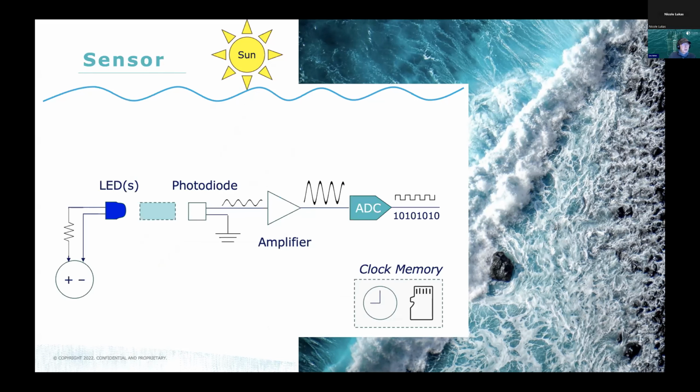From an electrical point of view, this is an oversimplification, but you can imagine that there is a battery or some kind of power source that's turning on the LED. You have your sensing volume or sensing element. You have a photodiode that outputs probably a very small signal, some sort of amplifier, and usually there's some other signal processing, especially in the optode, because that looks at the phase of a signal relative to its emitted signal.